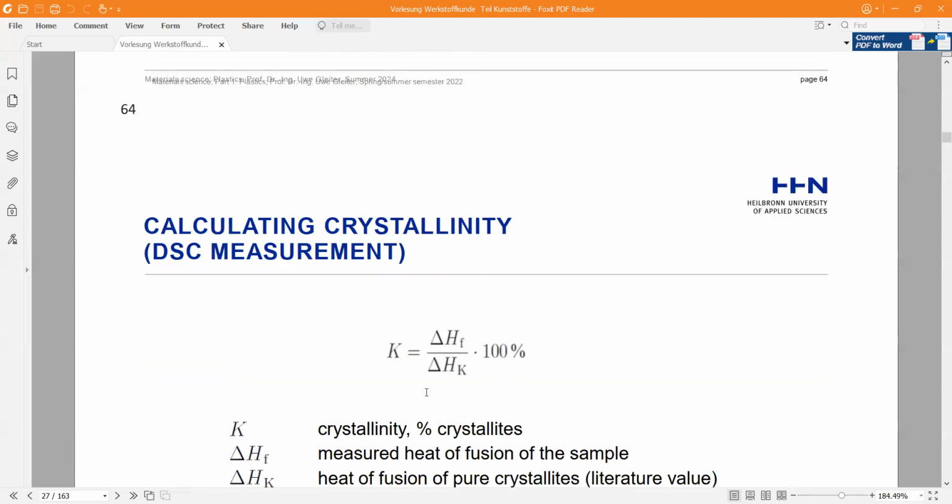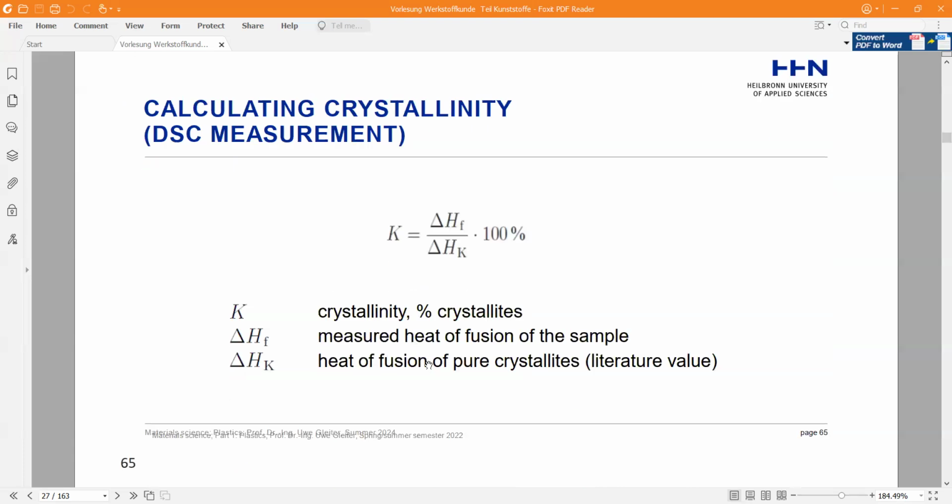Calculating crystallinity. So we have here a large X, crystallinity, which is measured in percentage of crystallites, delta H with index F, the measured heat of fusion of the sample, and delta H with index K, the heat of fusion of all crystallites.